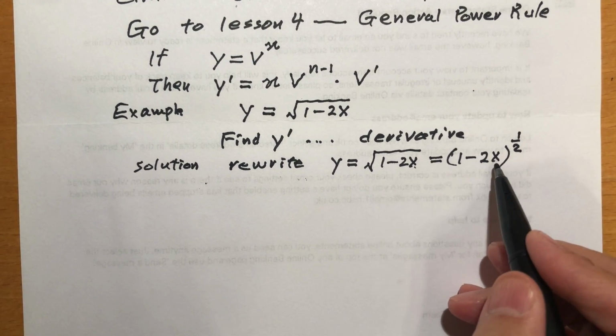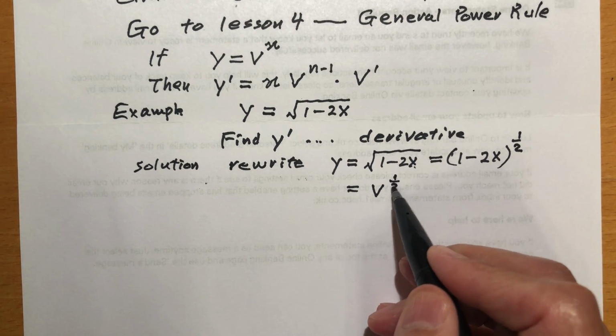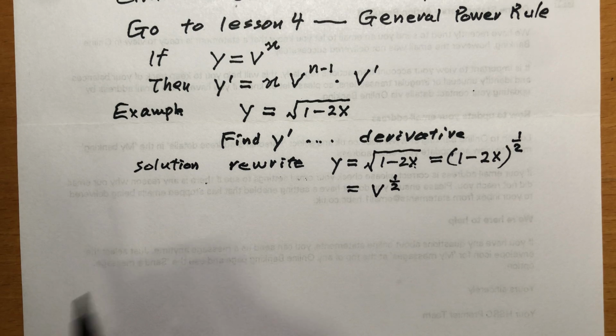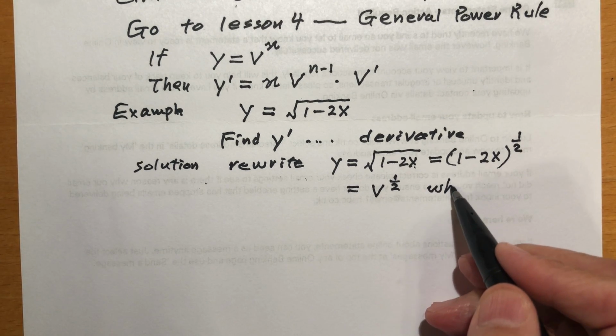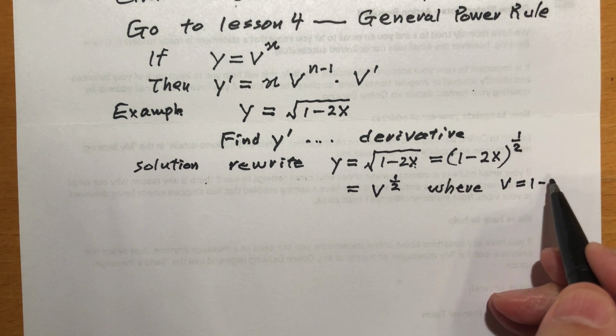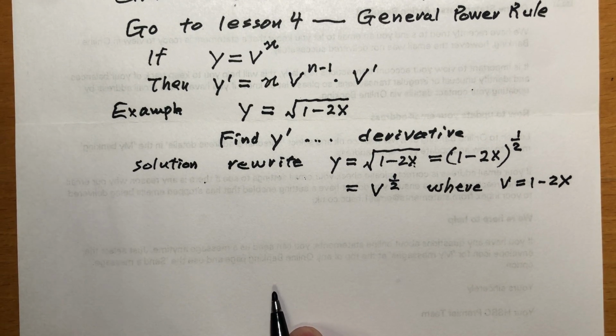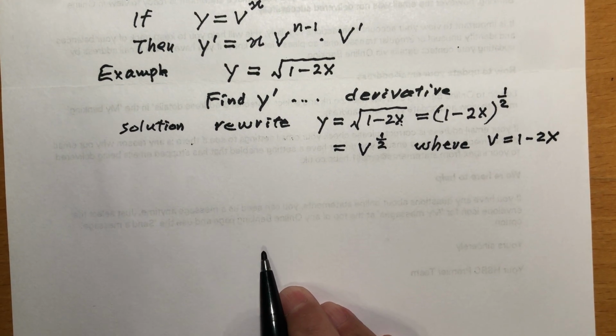Then you call this v. So v, right? So where I use v to represent 1 minus 2x. Now, use the formula. So what is y prime?